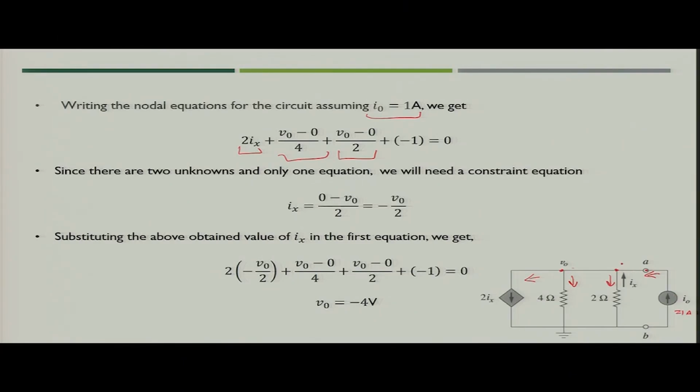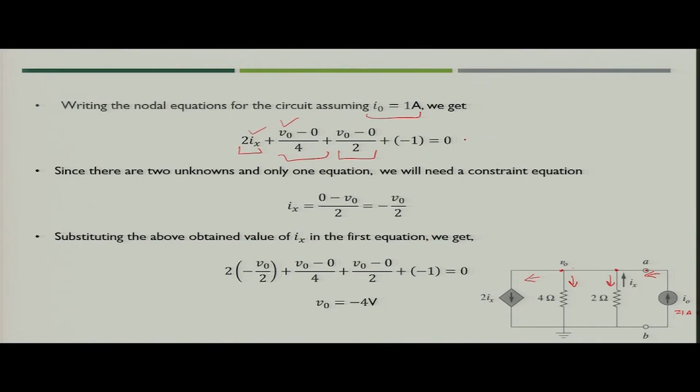So, this will become minus, or you can simply say this is all equal to 1. Now, if you solve it, you will get the equation in terms of V naught and I x.